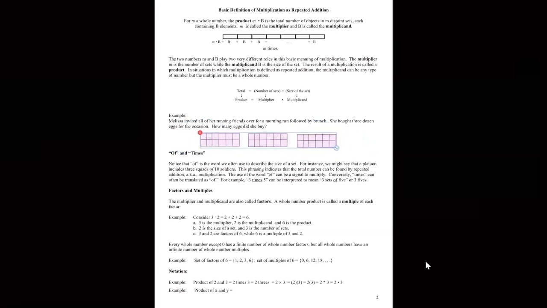So in terms of a diagram, pretty easy. We would just count them all up. We're gonna have 36 eggs.